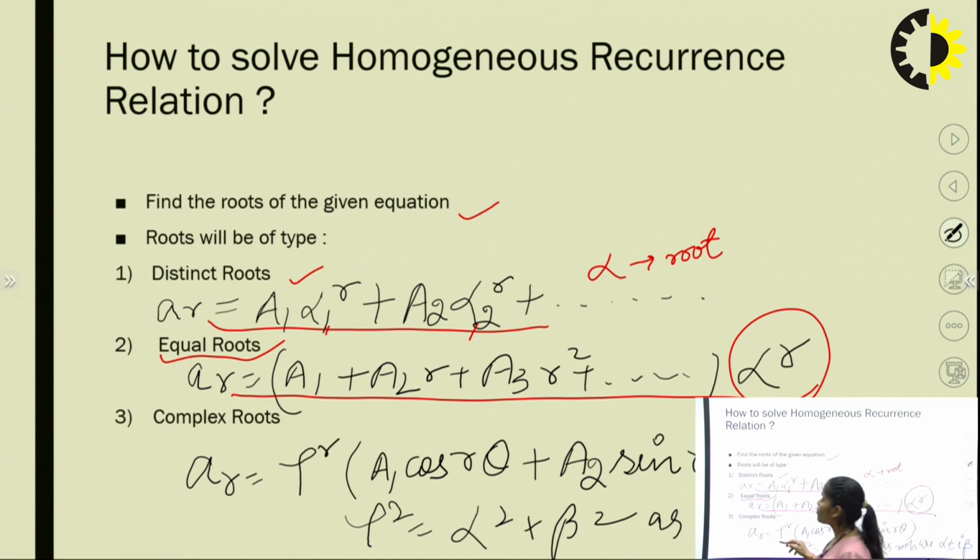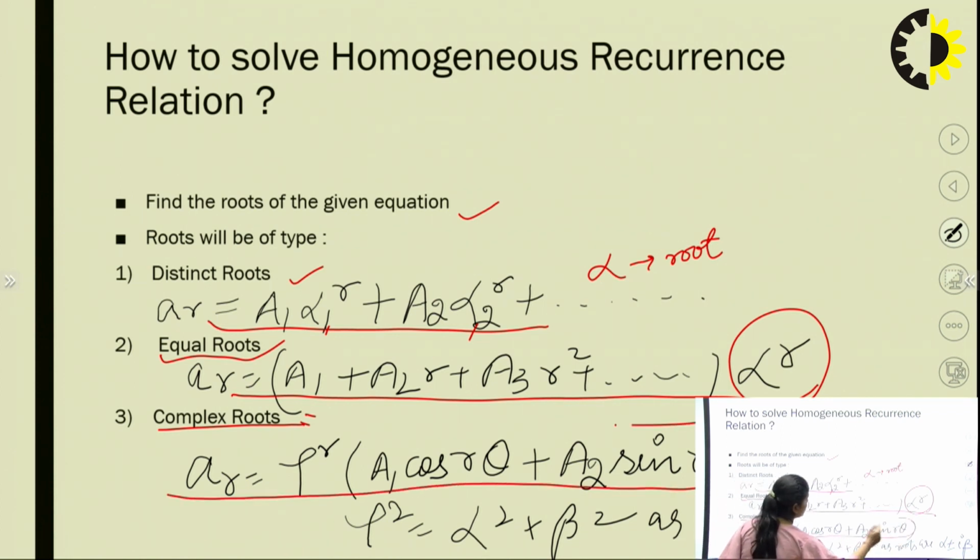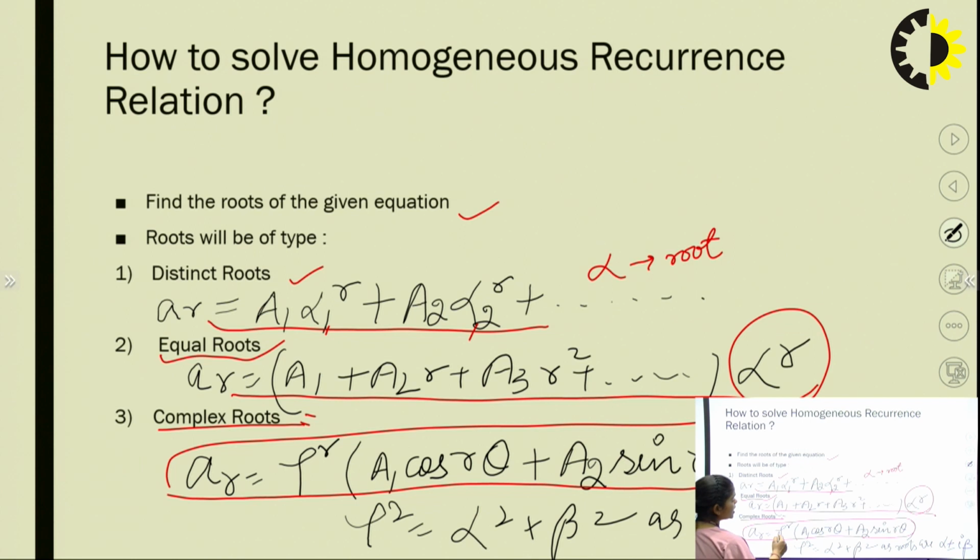In the case of complex roots, meaning when the roots are in the form involving iota, the solution will be in this form: gamma to the power r times (a1 cos r theta plus a2 sin r theta).